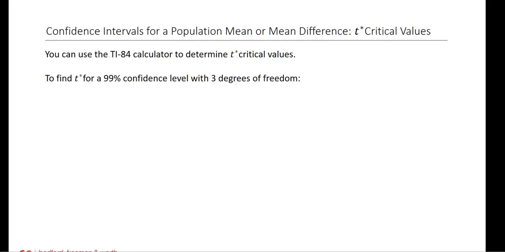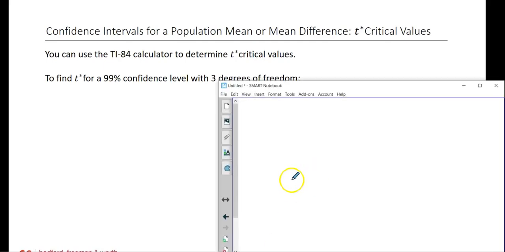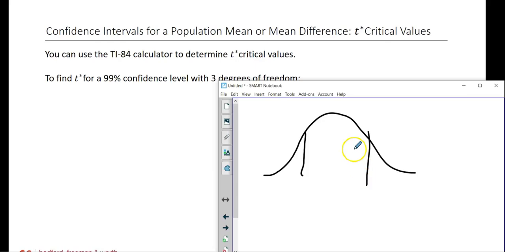The way we do that, let's draw it out, like we have in the past. It's not a normal curve, it's a t-curve here. For 99%, so 0.99, we're trying to find this t star rather than just a z star.